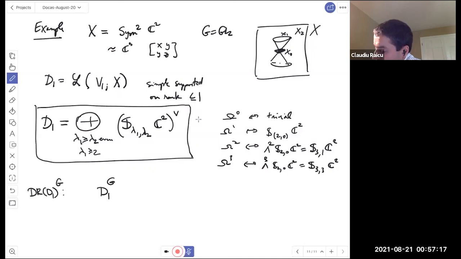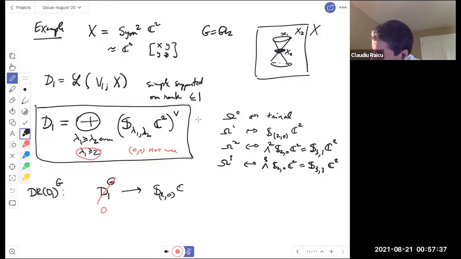Well, there's certainly no (0,0) right here because lambda 1 is at least 2, so (0,0) is not here. So that means that this guy is 0. What's the next one? Well, the next one is I have to do S(2,0) tensor with D1 and take invariants.